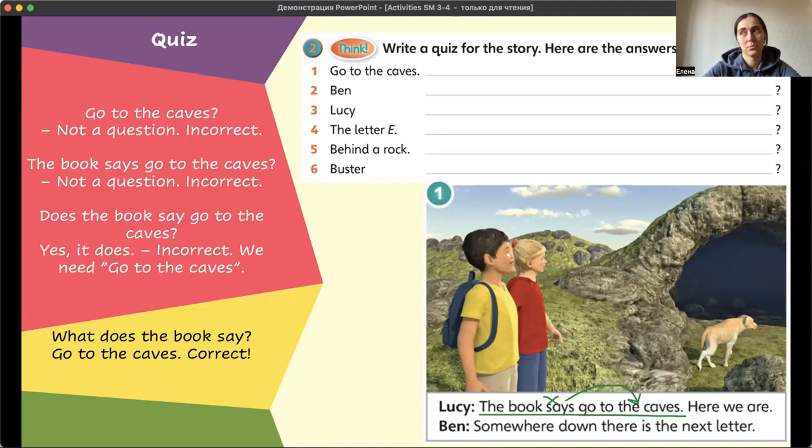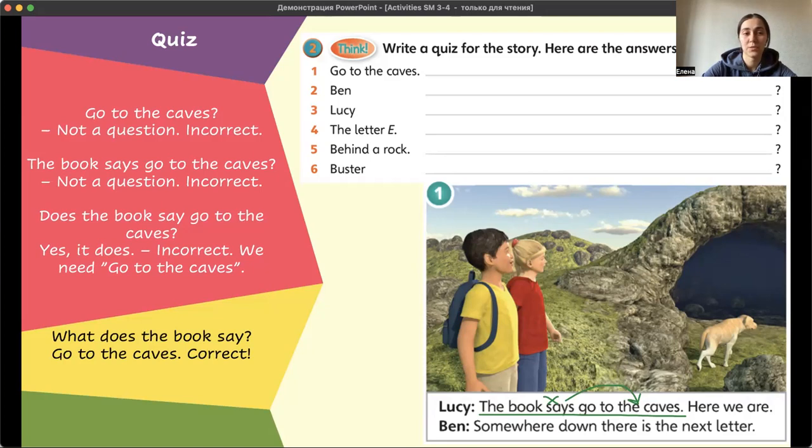So their questions can be absolutely different and not always correct. They can say, go to the caves, just changing intonation, and that's not a question, it's incorrect. Then they say, the book says go to the caves. So they think that if the sentence is longer, that can be a question, but it's also a mistake.